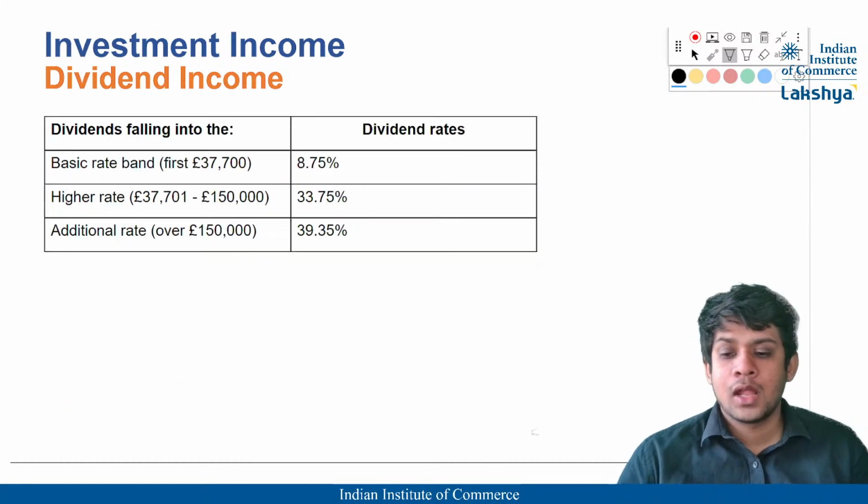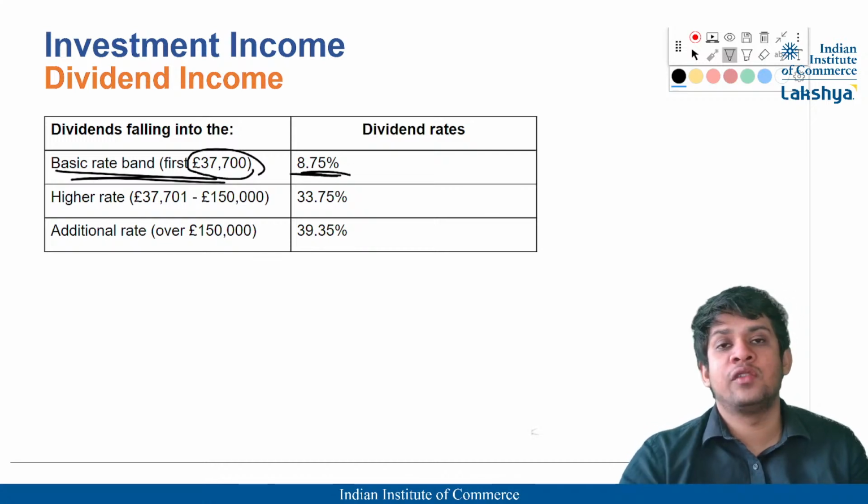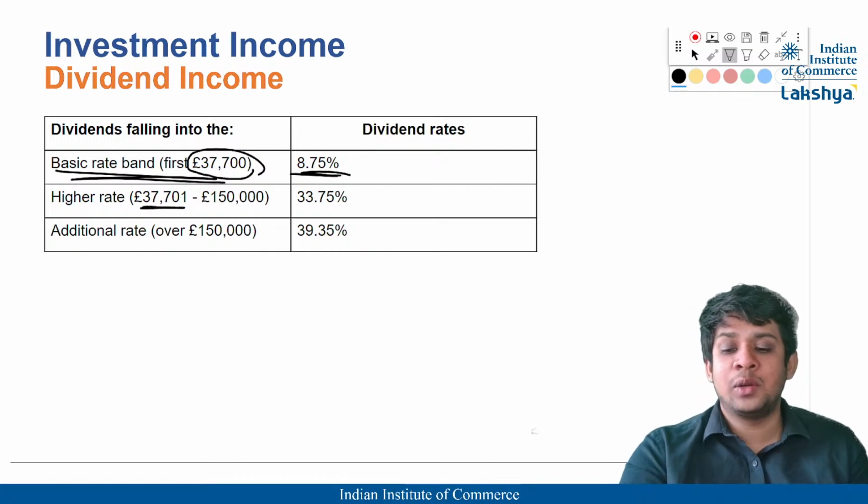After that, if there is any additional dividend income falling within the 37,700, then 8.75% tax is charged on it. If it is between 37,701 and 1,50,000, then 33.75% will be charged.